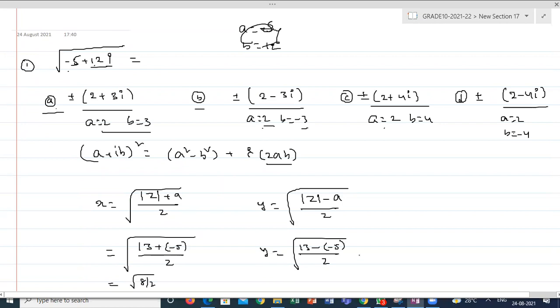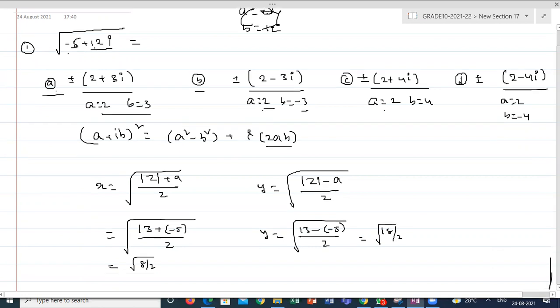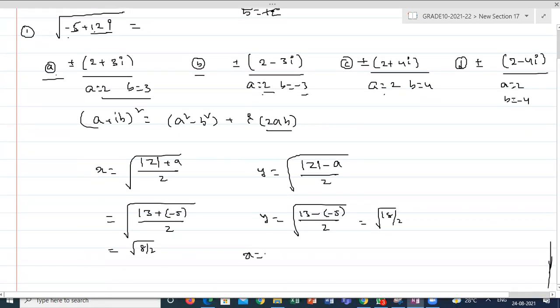This will be 18 by 2 under the root and 8 by 2 under the root. I am getting x is equal to 3, y is equal to 2. So the answer is plus or minus 3 plus 2i, so the first option. This is one more method to solve the square root of this question.